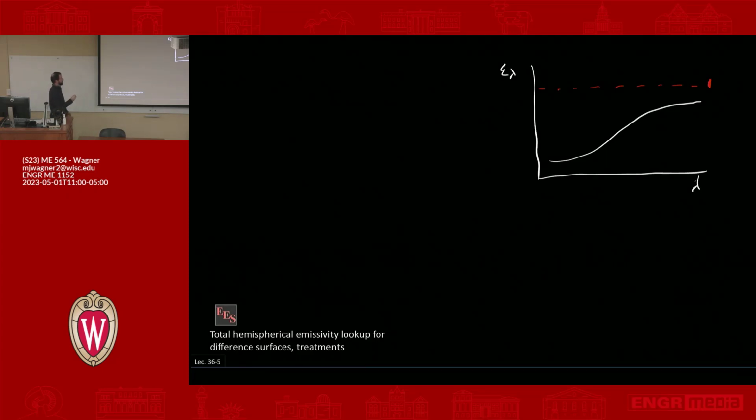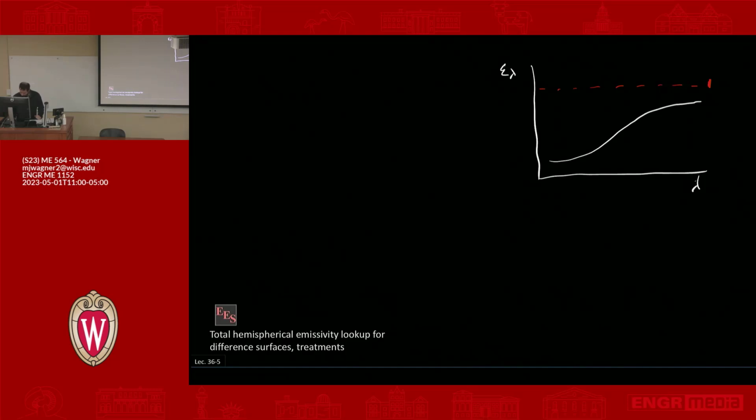If I want to evaluate the emitted power from an actual surface, I can't just take the average of this function and plug that in. It's going to actually depend on the temperature of the surface as to what the effective emitted power is. And you have to think about why that's the case.